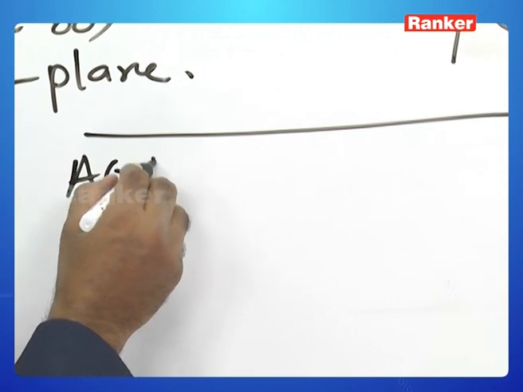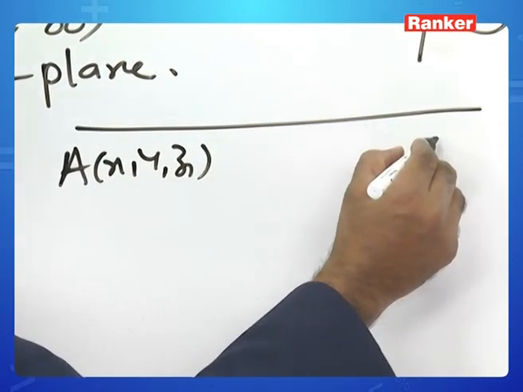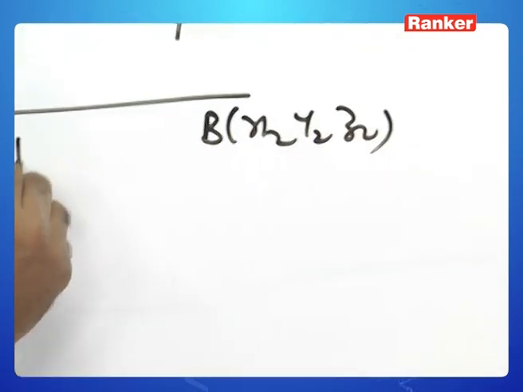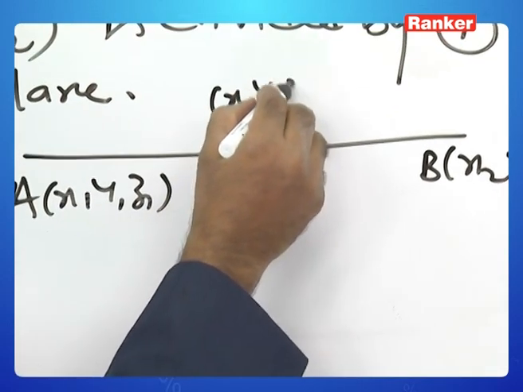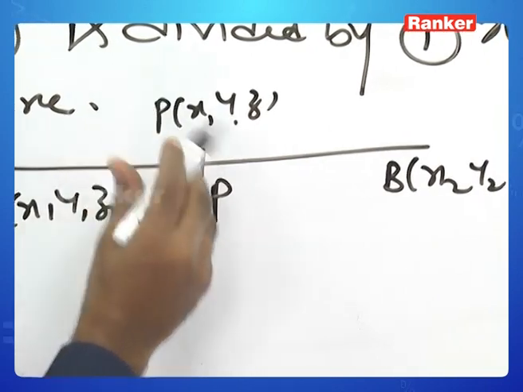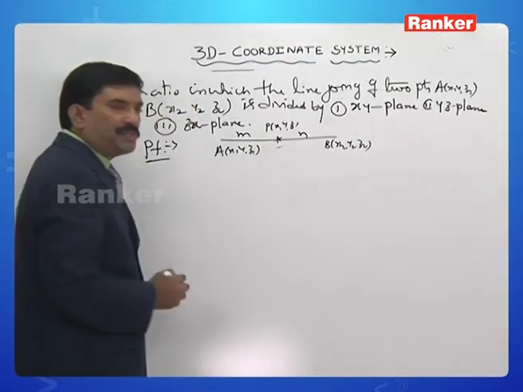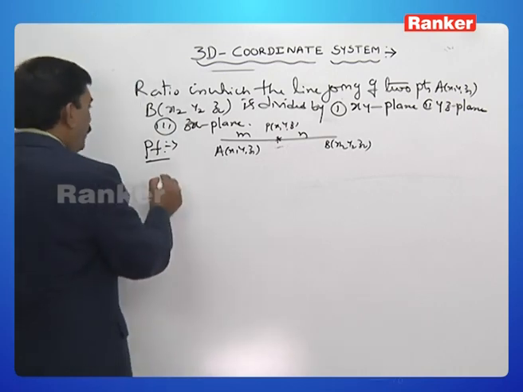If I take a line A of x1, y1, z1, B of x2, y2, z2, the ratio in which P of x, y, z divides AB is, let it be m is to n. We know it already.